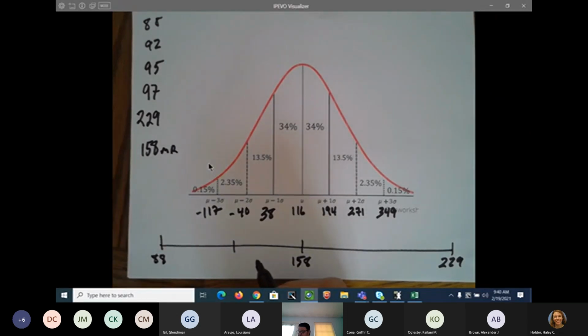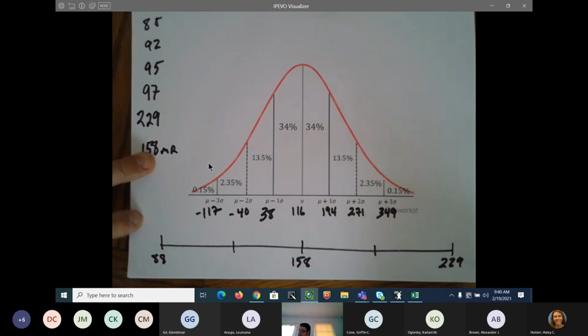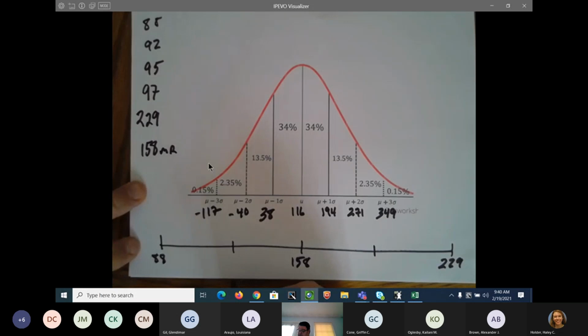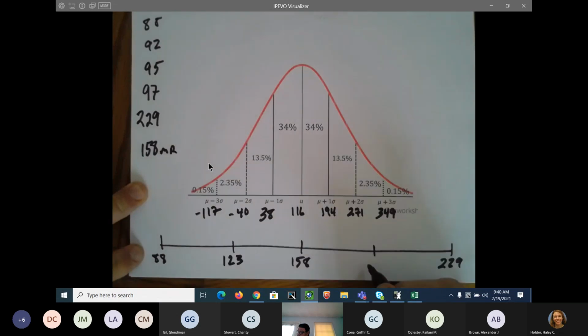And I can't add 8's worth of crap, so somebody do 88 plus 35 for me. And 158 plus 35 for me, please. What's 88 plus 35? 123. 123. That's what I was going to say. And what's 158 plus 35? 193. 193.